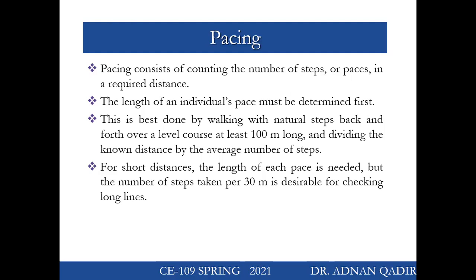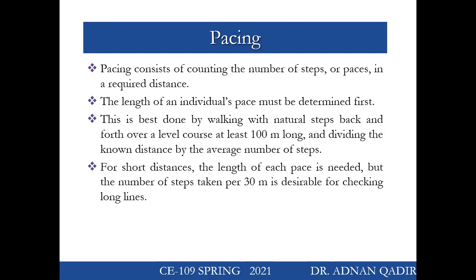It also depends on the person, because a person may be 5 feet in height, another may be 6 feet. So the distance in one pace may be different for different people.